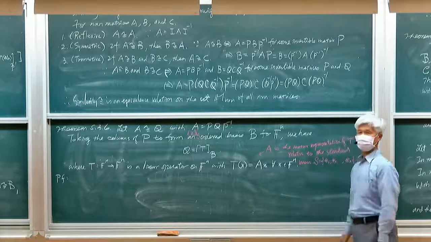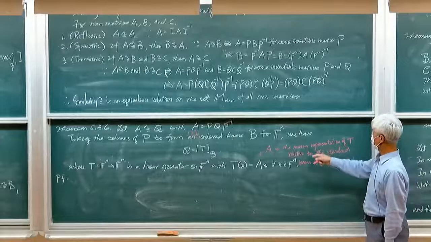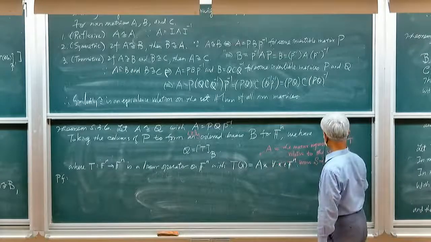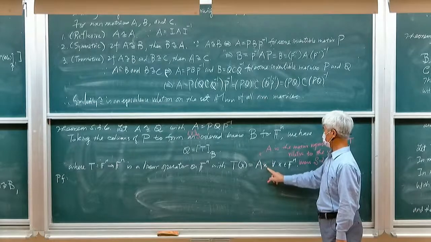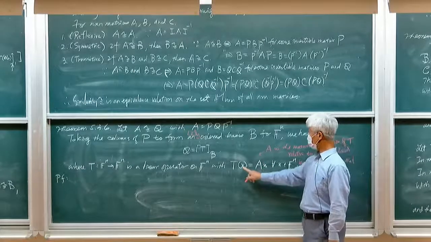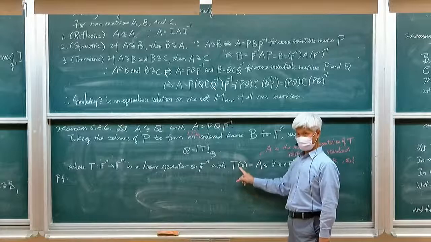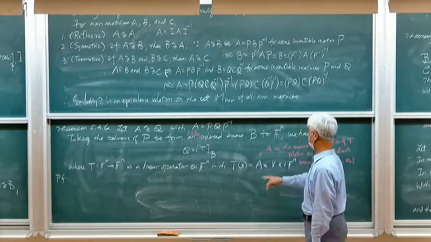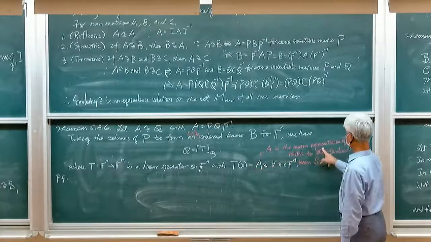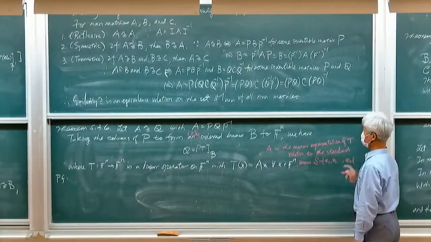Relative to this standard basis, because the x vector is written relative to the standard basis, and also the image is written in the standard basis. That's why A is just the matrix representation of T relative to the standard basis.